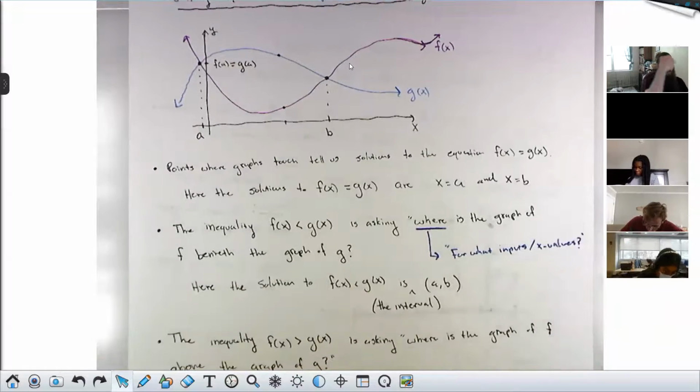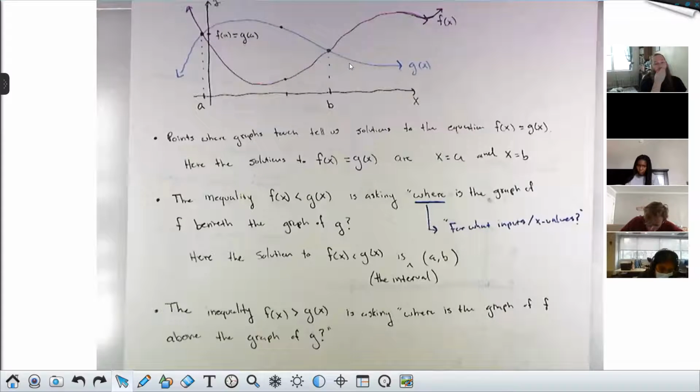And again, the word where here means for what x values, or what inputs. So where is the purple above the blue?